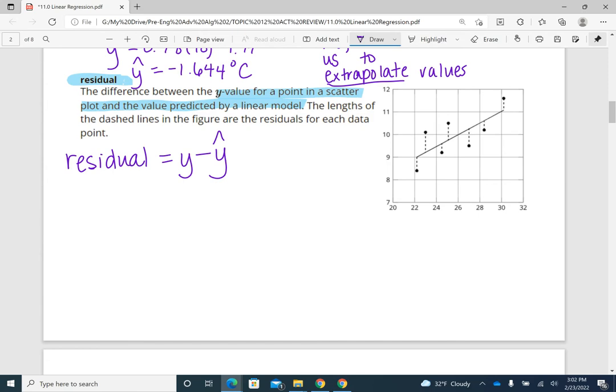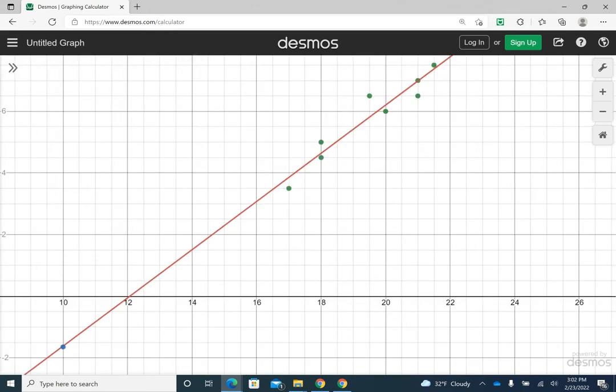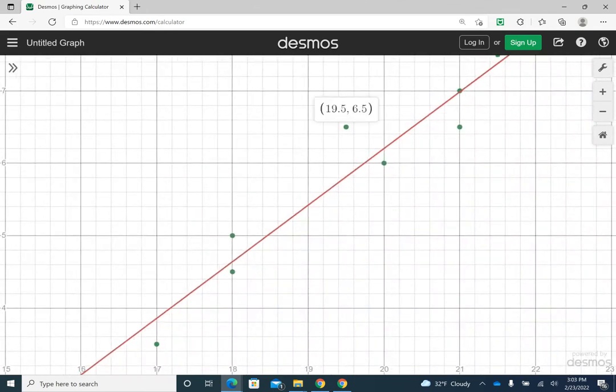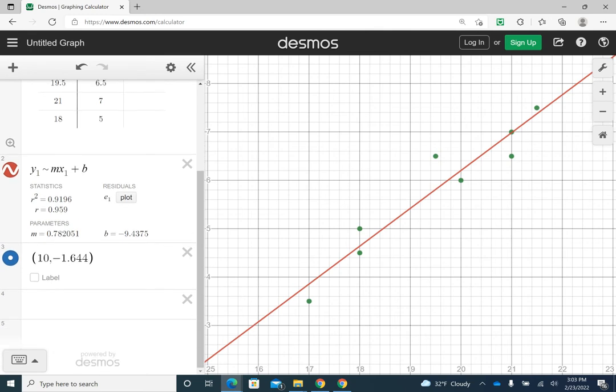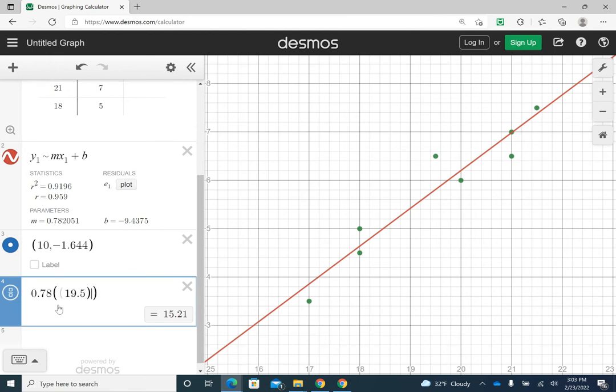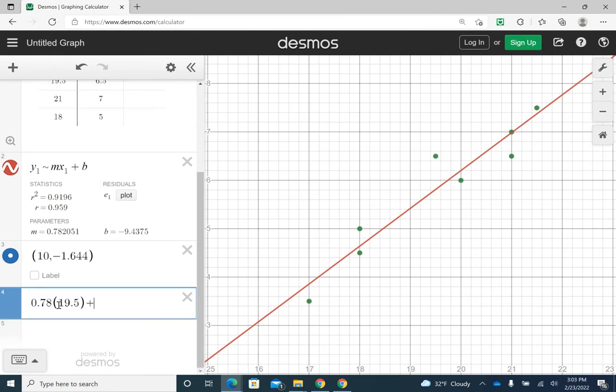And so if I look back at my Desmos example, I have what actually happened at 19.5, but then if I use my regression equation to make a prediction at 19.5, I would do my mx plus b, so I would do 0.78 times 19.5 for x, plus my y-intercept, which was negative 9.44.